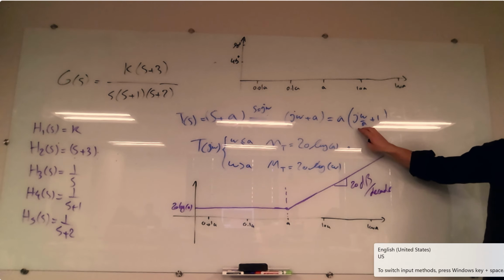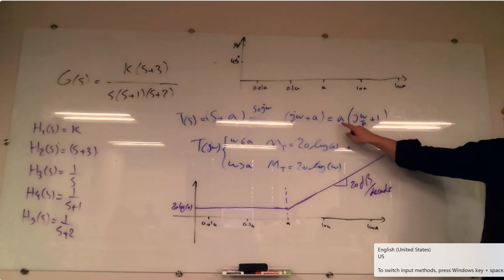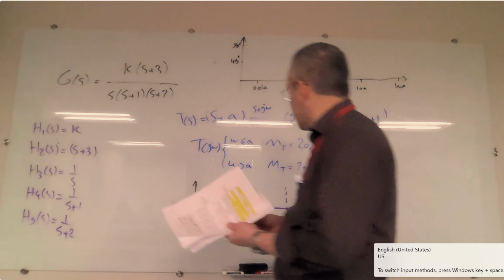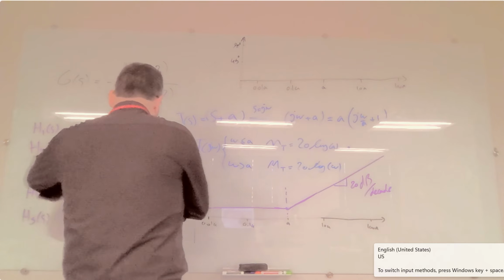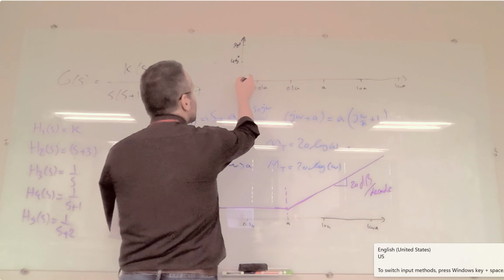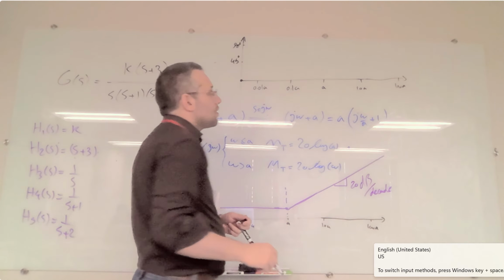This is 0 basically. We have T of s equal to a. We have a 0 as a phase, right? So here, at the very end, we have a 0.